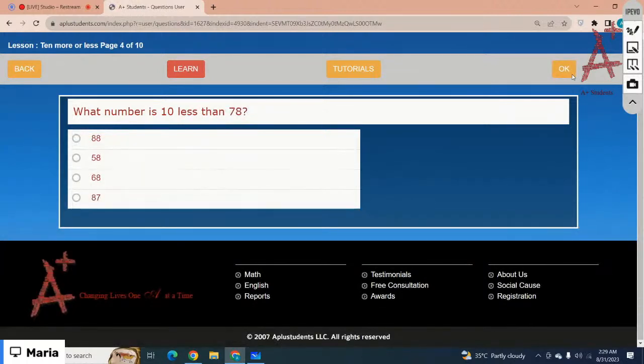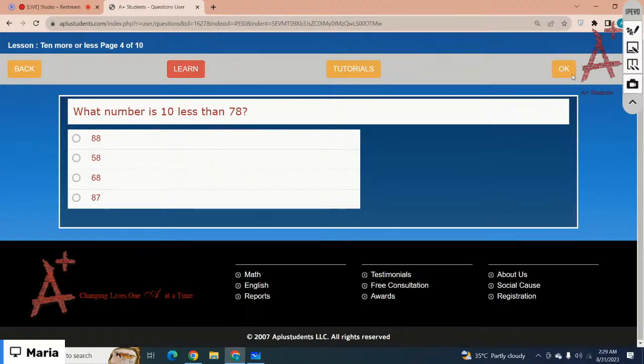The next one is, what number is 10 less than 78? So which is the correct option? 10 less than 78, right? That means you have to subtract 1 from the tens digit.